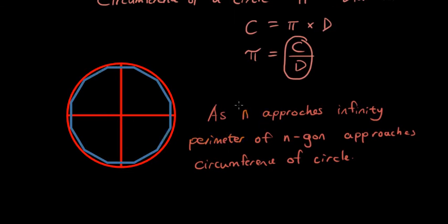So how does this information help us? Well, here's the good news. Even though we can't algebraically determine the circumference of the circle using the radius, we can algebraically determine the perimeter of the n-sided polygon using the radius.